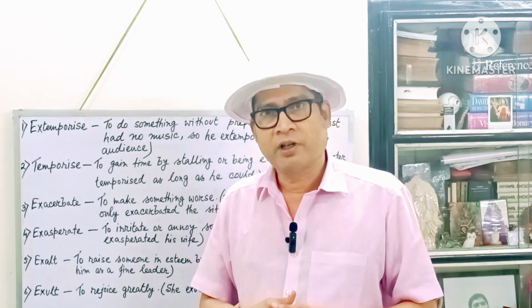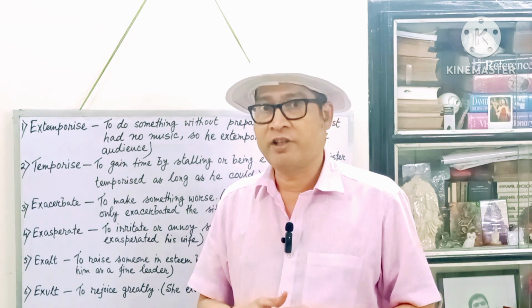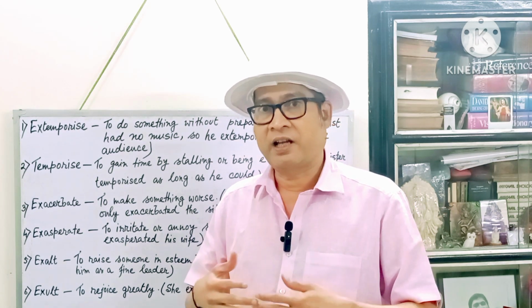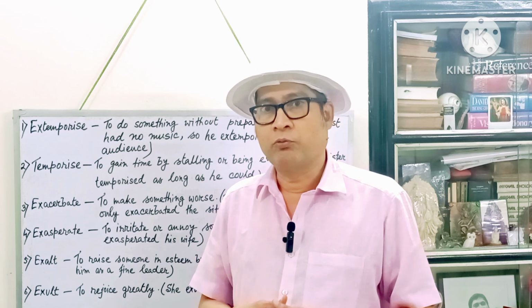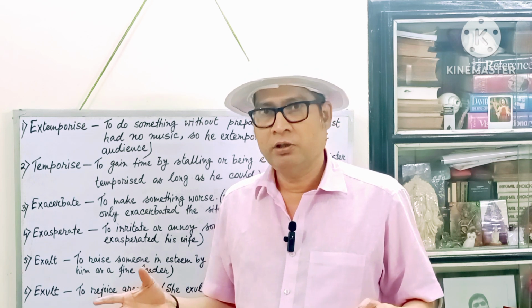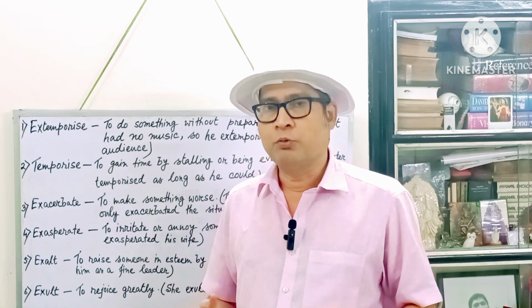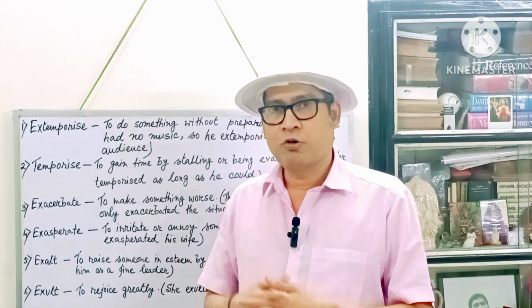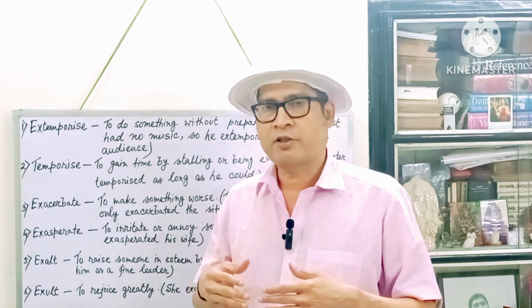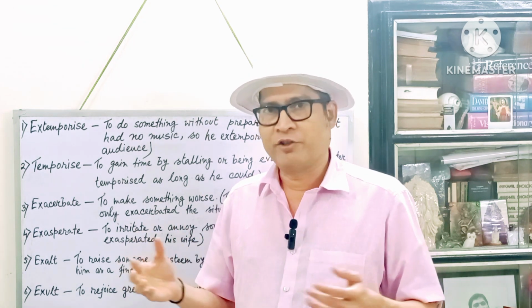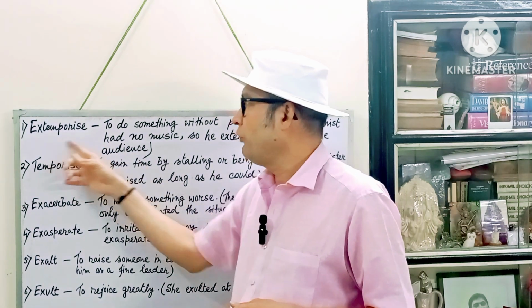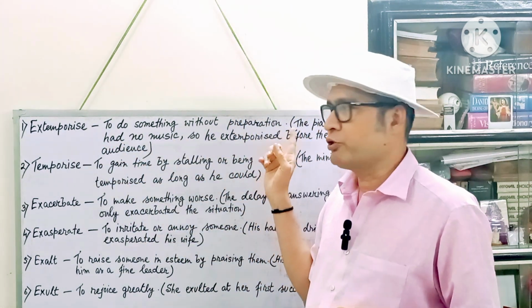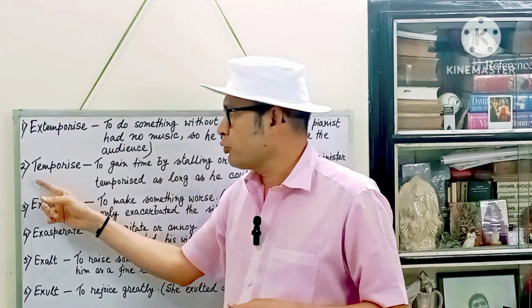What he does, of course, is extemporize at the time, because he has come to the auditorium without any previous preparation. Now he is asked to play his instrument, so he has to naturally extemporize. So that's the meaning of this word, and that is the example sentence. Move on to the next one.